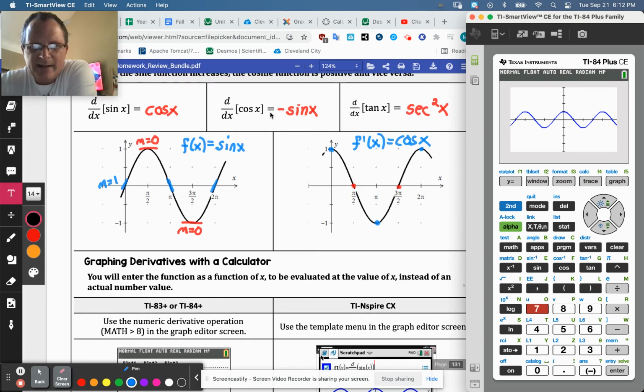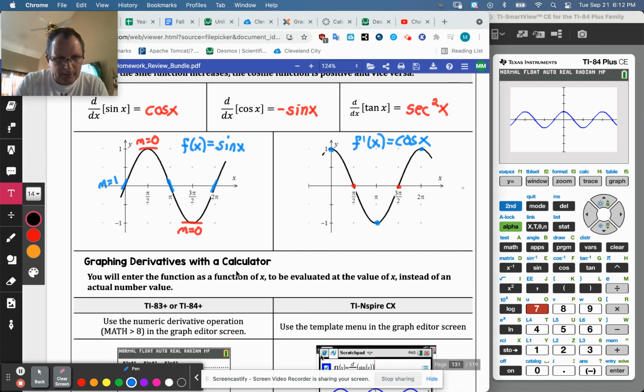And we can do the same analysis for cosine. I really would like to do that, working backwards. I know you probably already have it written on your paper, but it's not really a proof, but it'll serve as one. So escape here, erase, and let's do the same thing that we did in reverse here.